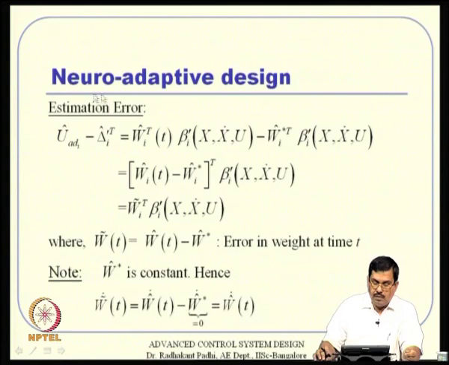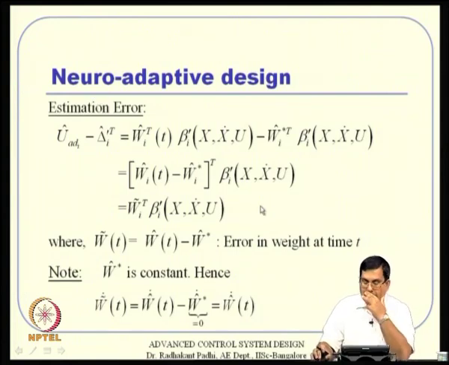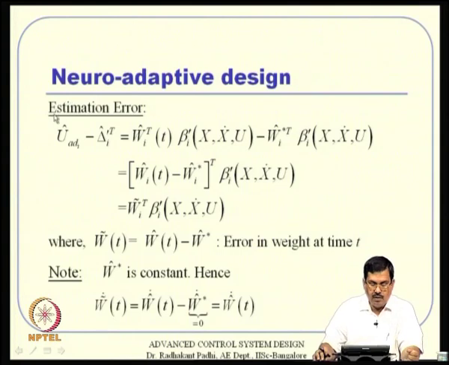Now we will go back and analyze what is going on here. What is our estimation error? This is what is ideal and this is my actual one, so the aerodynamics is not equal to 0 but equal to this quantity. Let us analyze this particular term now.